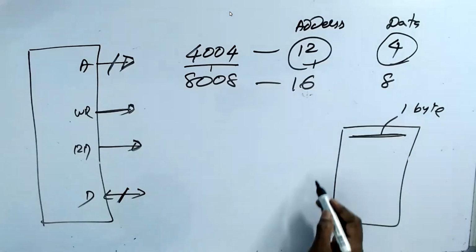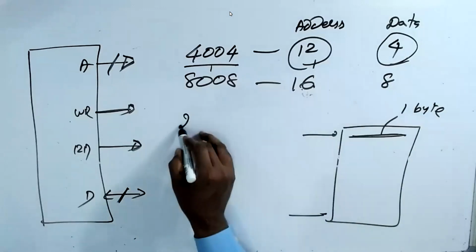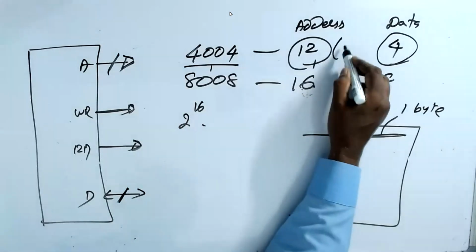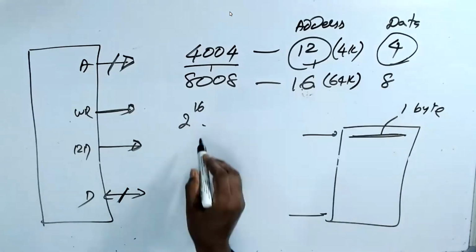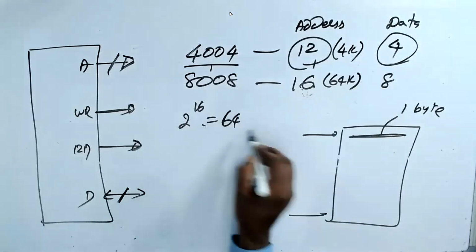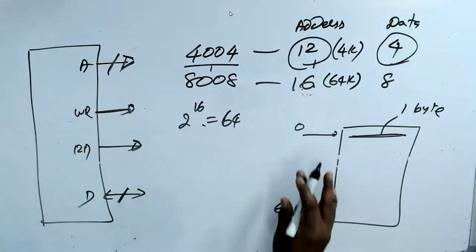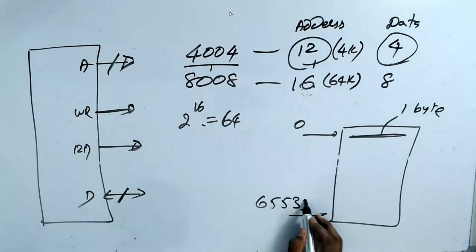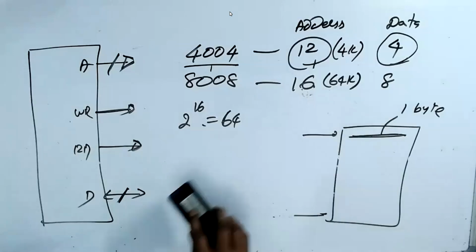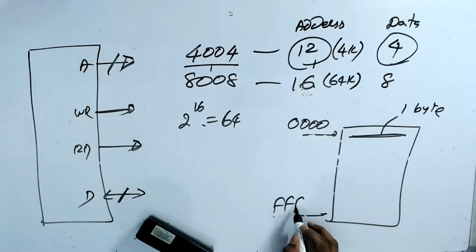And I have 2 power 16. 2 power 16 is 64K. That is 0 to 64K. Or you can write the number as 65,535. Or normally if you write in hexadecimal, we write as 0000 to FFFF.